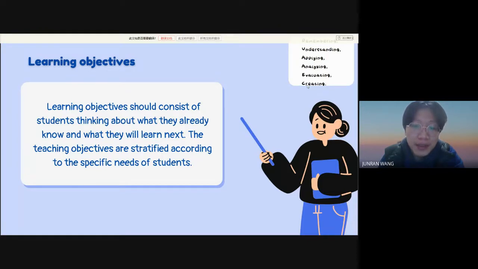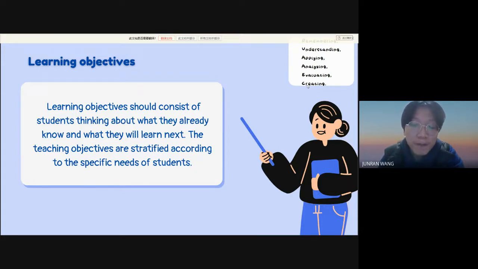Therefore, based on the above classification of different levels of cognition, we can set hierarchical objectives for the knowledge points to be explained in class.